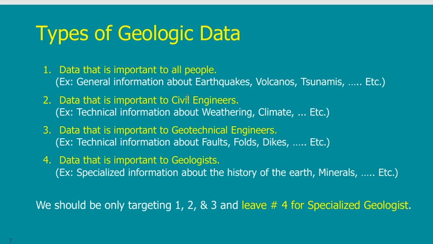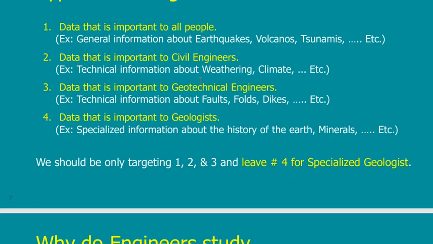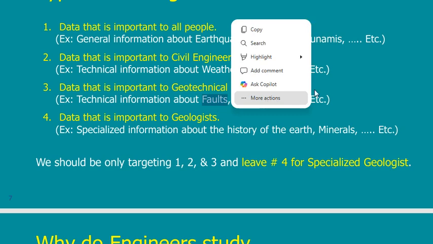It is important especially for civil engineers who study climate, weathering of material, and so on. So civil engineers will have few topics that are related specially to them. Geotechnical engineers have very specific technical points that they need to study: faults, folds, dikes.